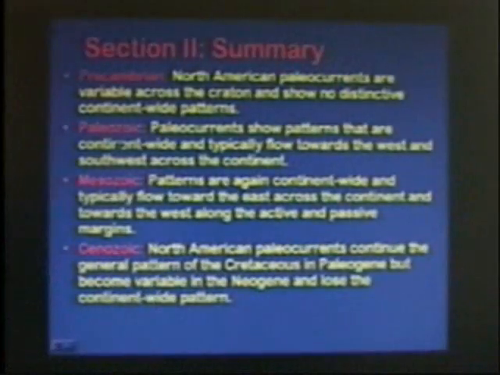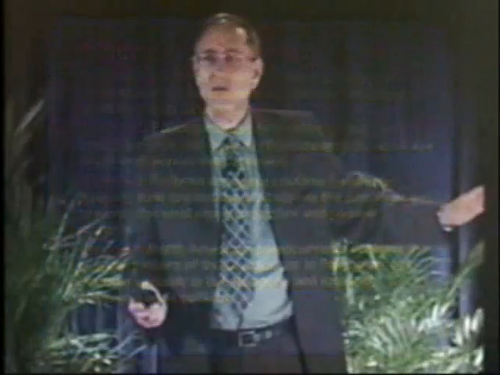That's consistent. In the Paleozoic, suddenly you see patterns that are continent-wide and typically flow towards the west and southwest across the continent. That's impossible. You cannot have water flowing from one side of the United States all the way across to the other side, and Canada and everything else.